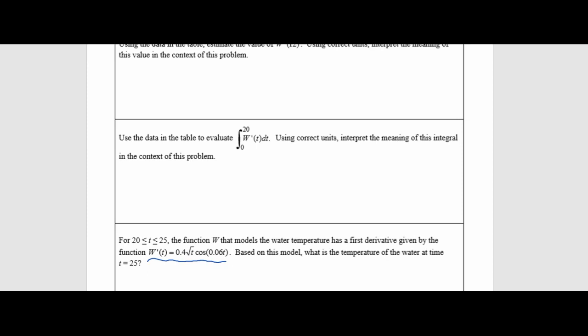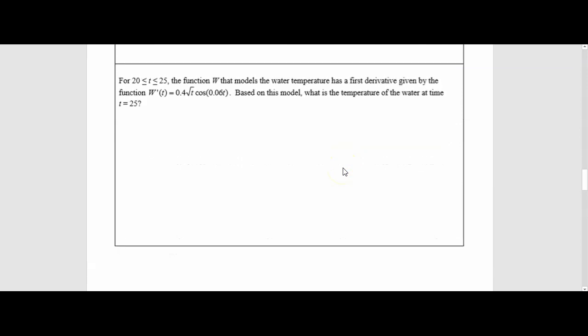The other thing we could try is an FTC equation, right? So could we come up with a fundamental theorem of calculus equation which just has one unknown, in this case, w of 25. So that is what we are going to do. Let's think about how to set that up. My interval is going to be 20 to 25.